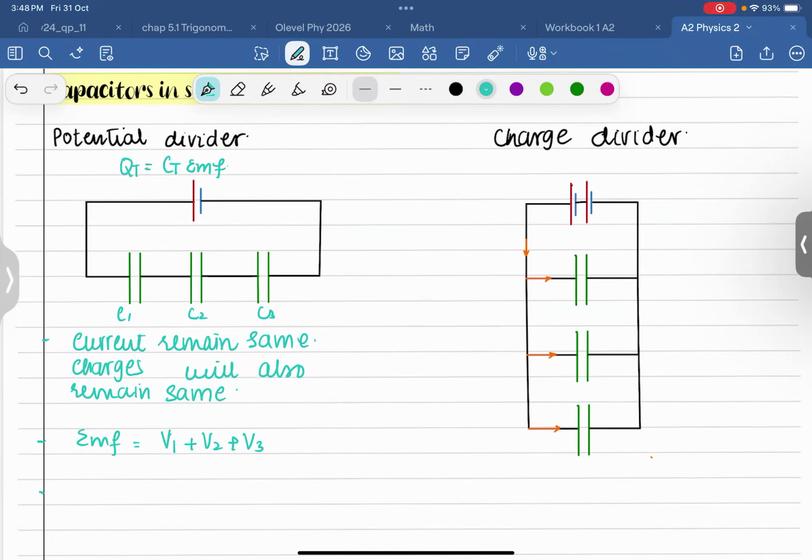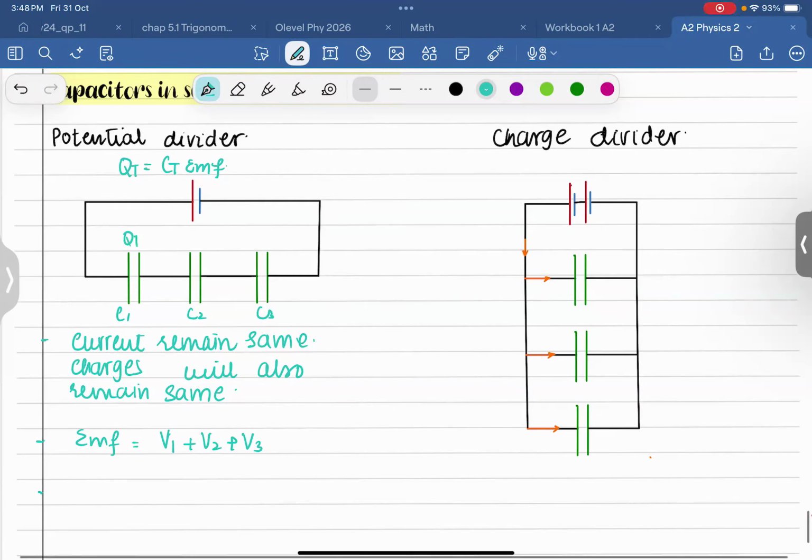It is the basic formula Q equals CV, but I'm using subscripts to refer to the concept. This total charge flows through the circuit, and since we don't have any other junction, it is the same throughout, in C1, C2, and C3. So Q total is the same everywhere, the charge remains the same.